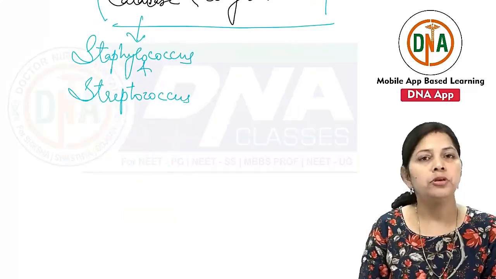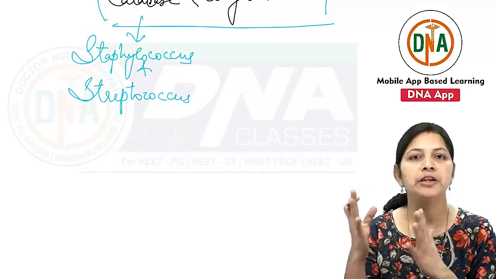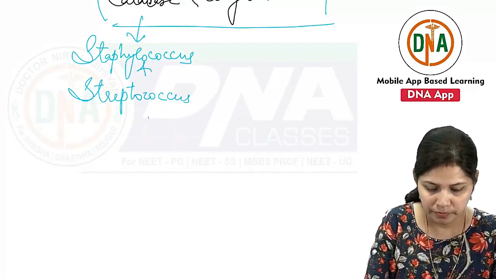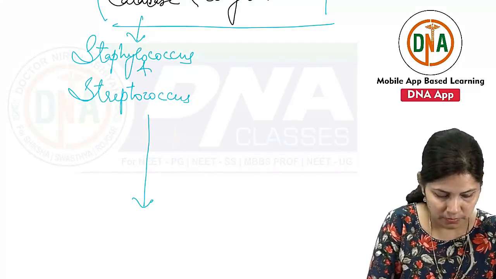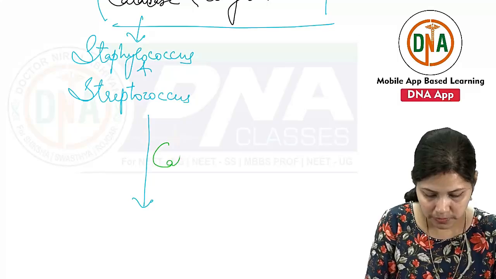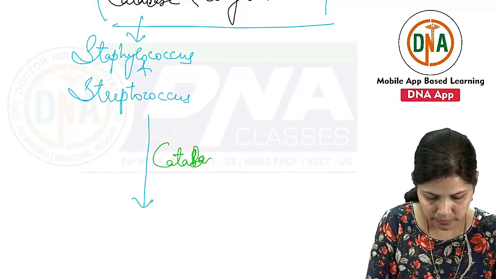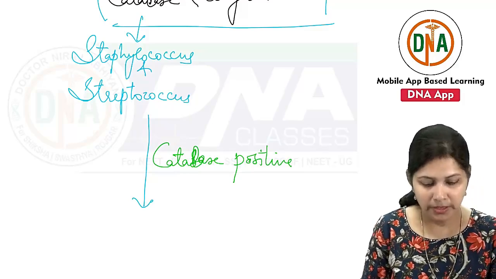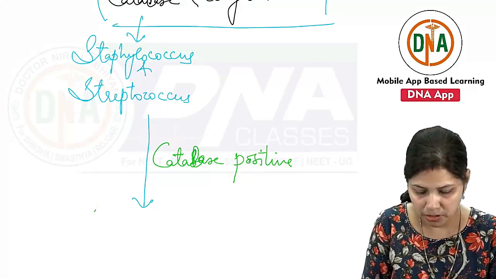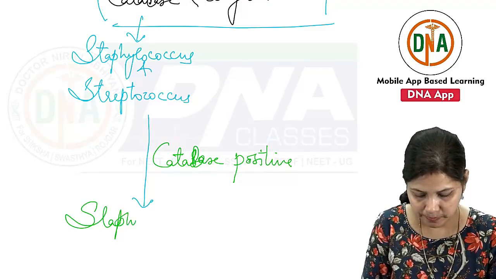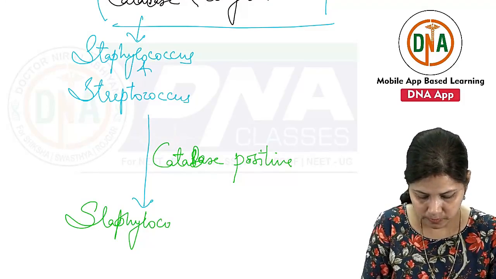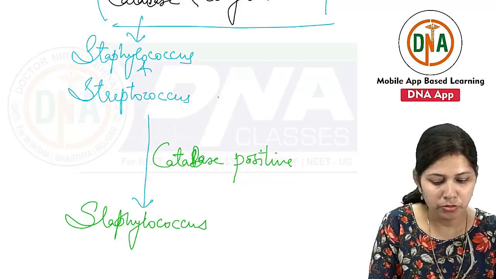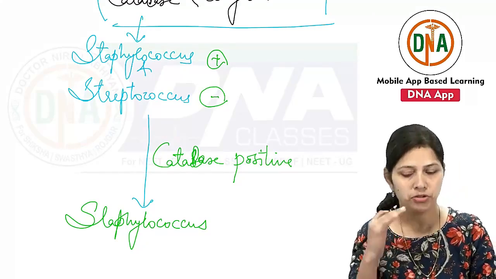Okay, so any gram positive cocci, if it is catalase positive, it means it is Staphylococcus. Because Streptococcus is catalase negative and Staphylococcus is catalase positive.